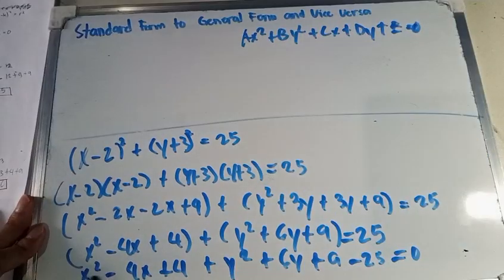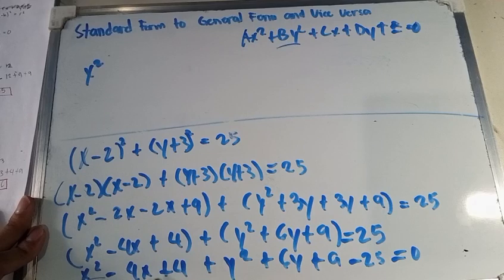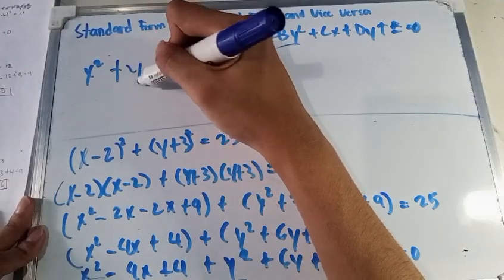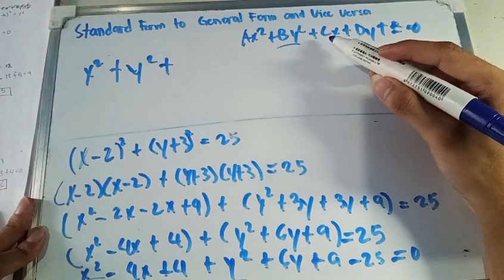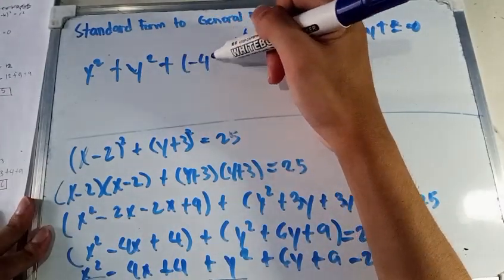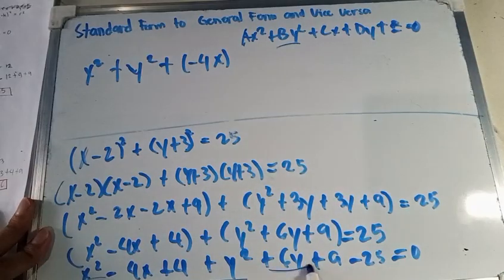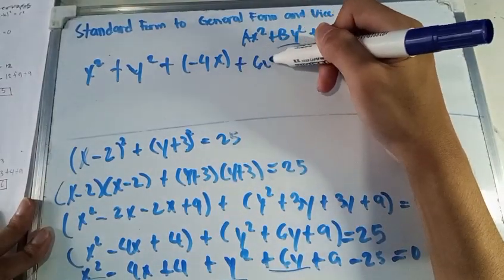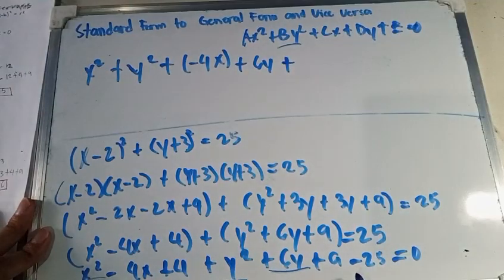So ax squared is this x squared. By squared is this, so plus y squared. Plus cx, or negative 4x. Plus dy, or this 6y. Plus e, or this negative 25.